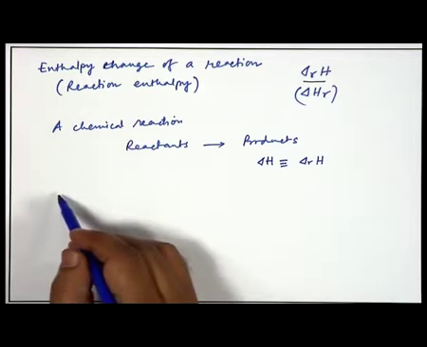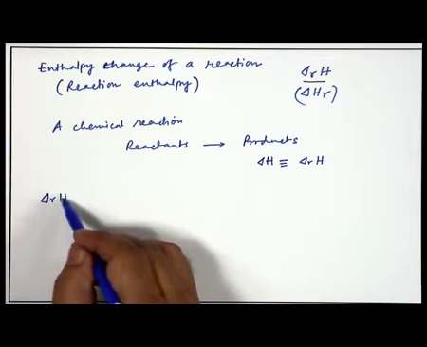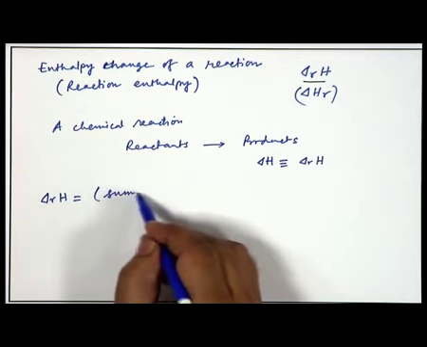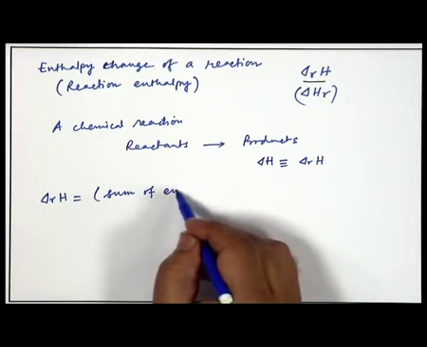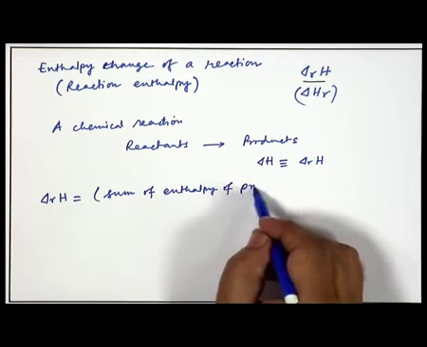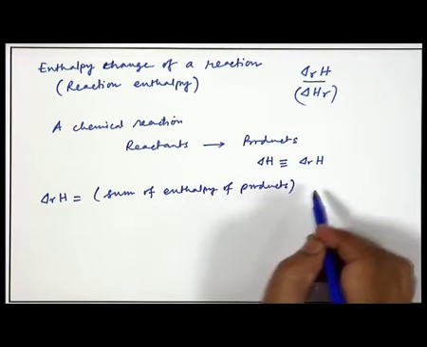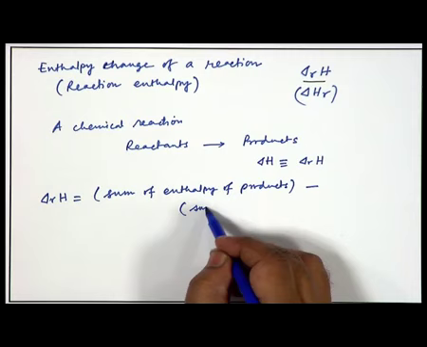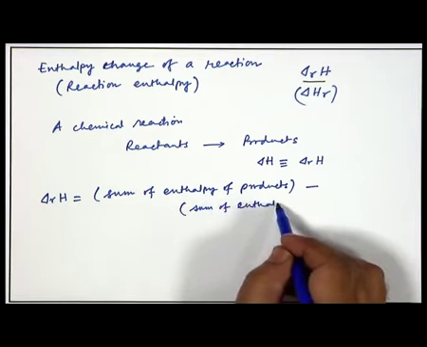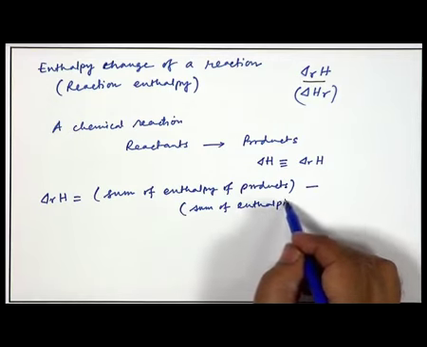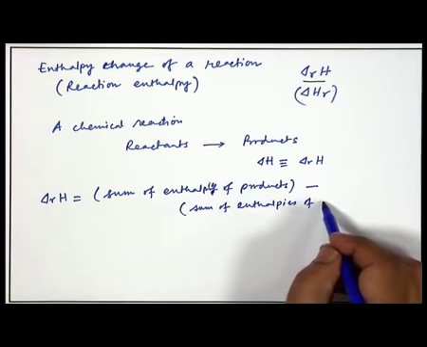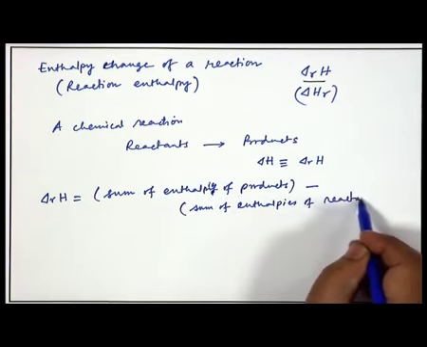So, we can write the reaction enthalpy as the sum of enthalpy of products minus the sum of enthalpy of reactants.